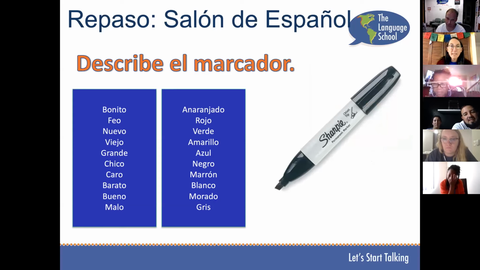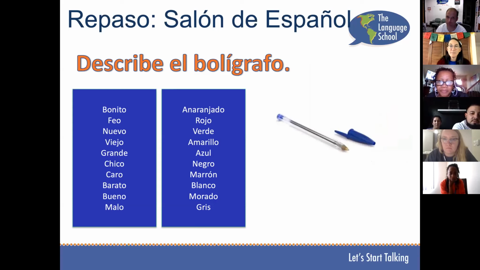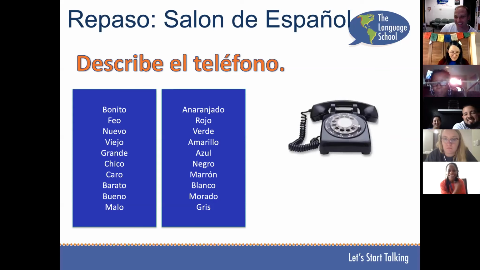El marcador es nuevo y negro. Muy bien. Describe el bolígrafo, Kia. El bolígrafo es feo y azul. Okay. Muy bien. Describe el teléfono, Shelby.